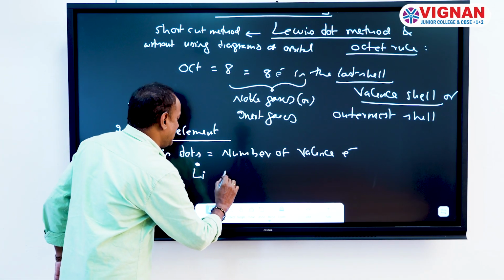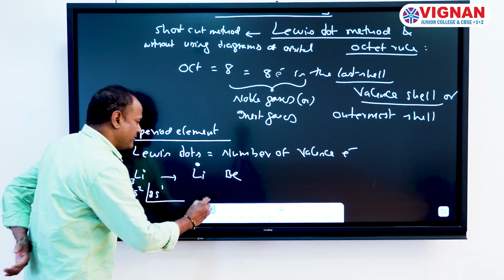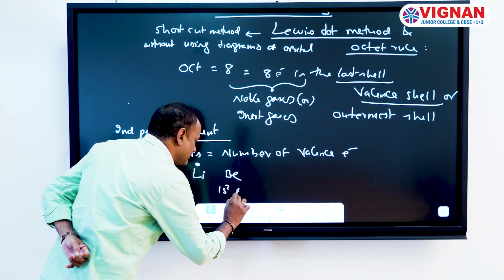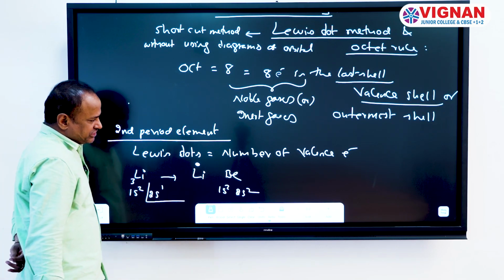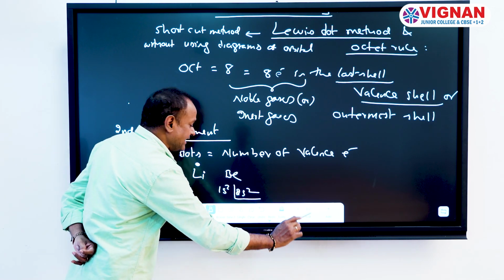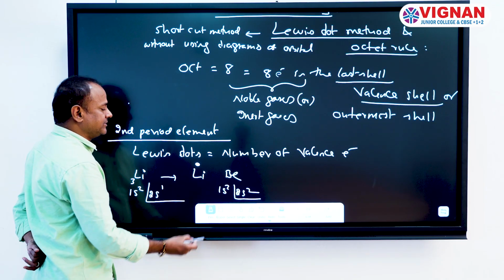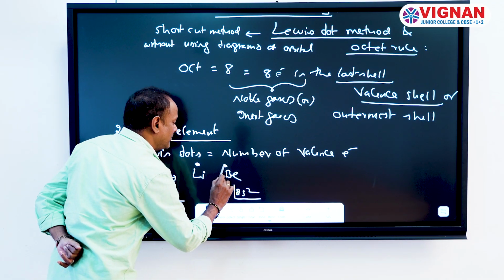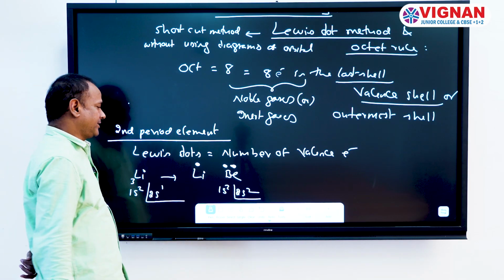Similarly, beryllium, with configuration 1s2, 2s2. What is the valence shell? The last shell, 2s2. The second shell is the last shell, containing the s orbital with 2 electrons. So put 2 dots on beryllium.